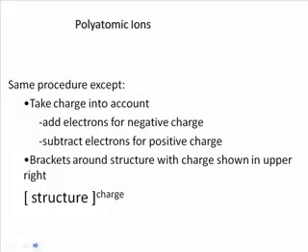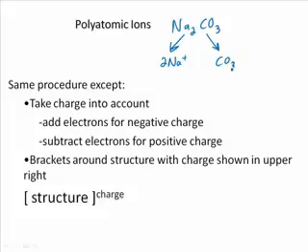Okay, polyatomic ions. In the previous unit we looked at how ionic substances, for example, let's look at sodium carbonate. Remember how that dissociates in water to where I would get 2 sodiums and 1 carbonate.